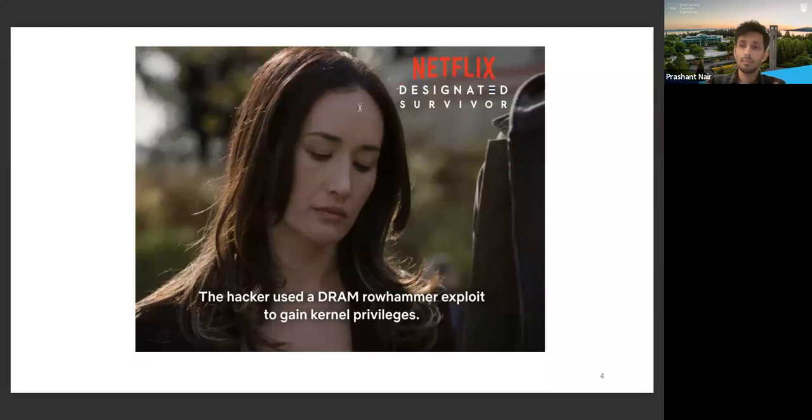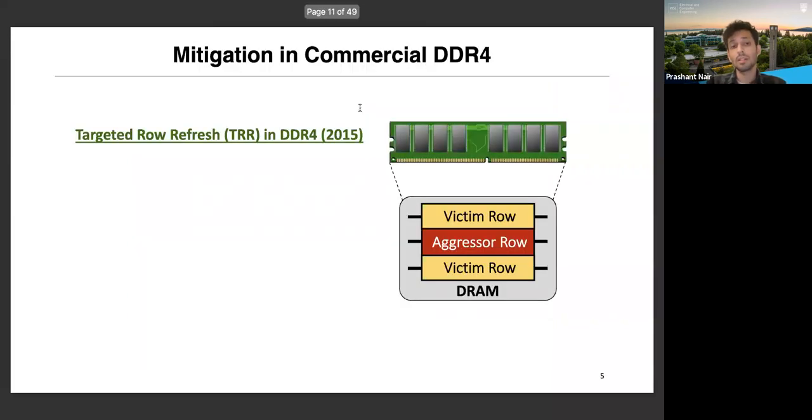Now, given that this has become an important problem, vendors have tried techniques to mitigate the row hammer attack. One of the state-of-the-art techniques that is present in commercial chips is called targeted row refresh. In a targeted row refresh, you have two mechanisms.